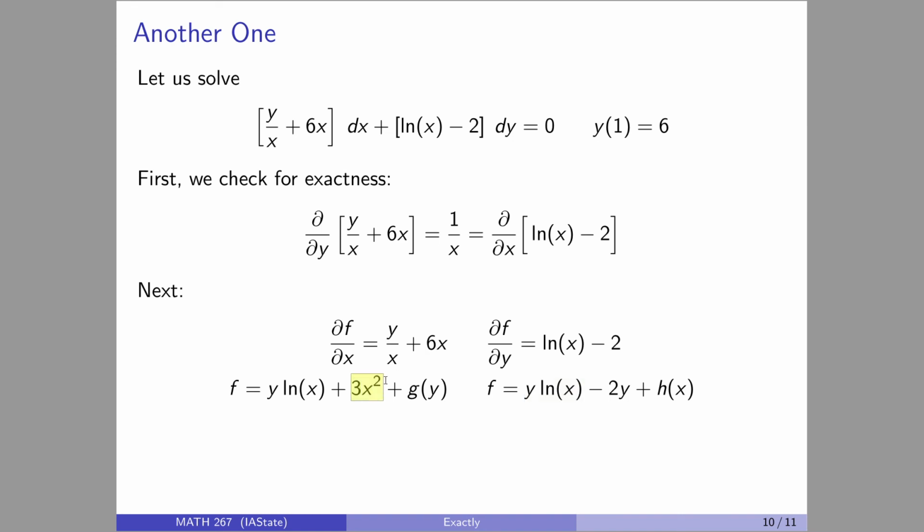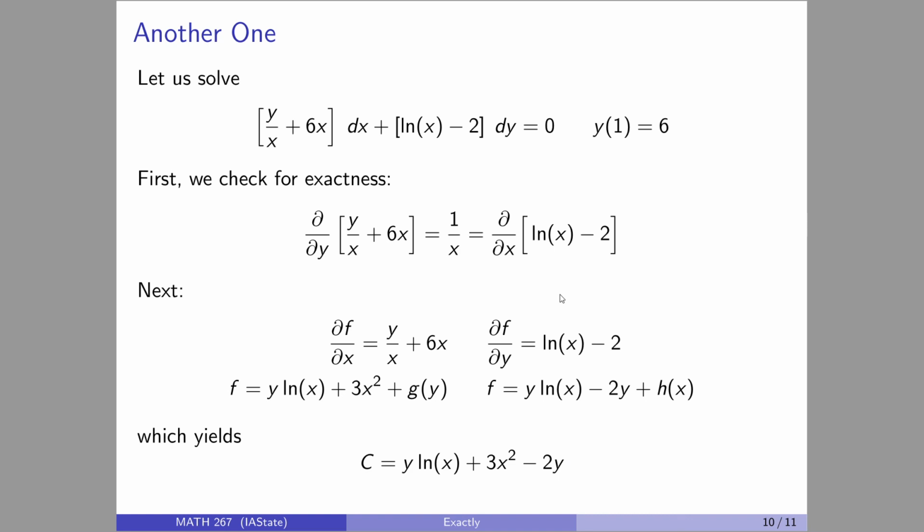And the terms that involve single variables either match each other or will match the mystery functions that will appear via the integration. So here we see the y log x matches, the 3x squared matches the h of x, the negative 2y matches the g of y, and ta-da! There we go. Solutions are implicitly given by this function right here. So we match g of y and we match h of x. And hey, there we go.